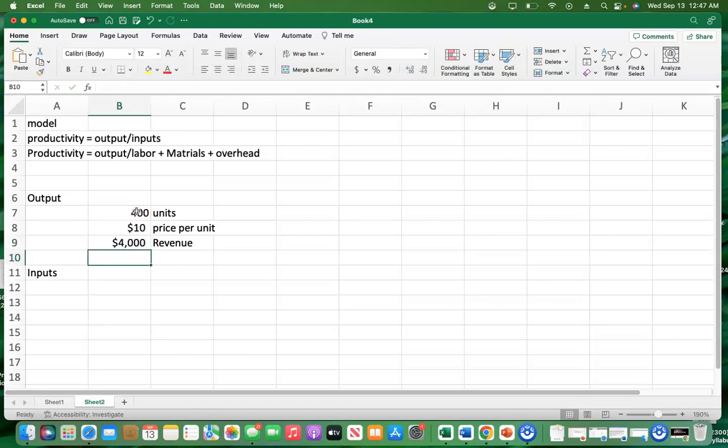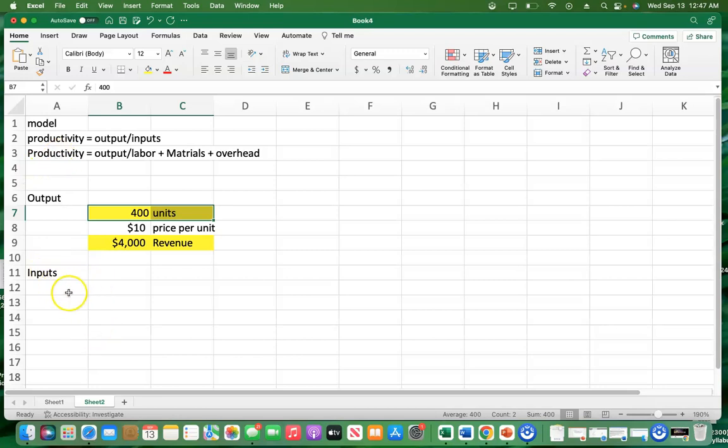And therefore, we get our revenue, which is $4,000. So we can express our output in terms of revenue, or we can express our output in terms of units. Remember, all we're looking for is the output. And then when we are able to identify inputs, we'll take output divided by the inputs, and so we get productivity.